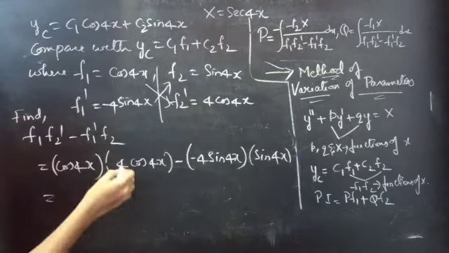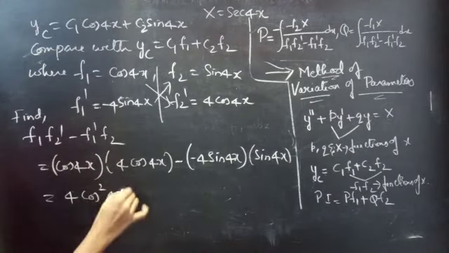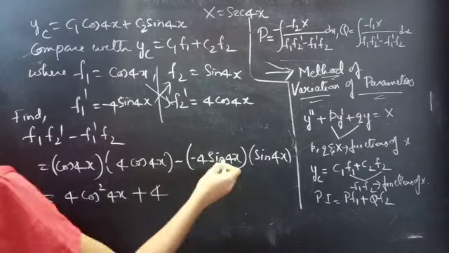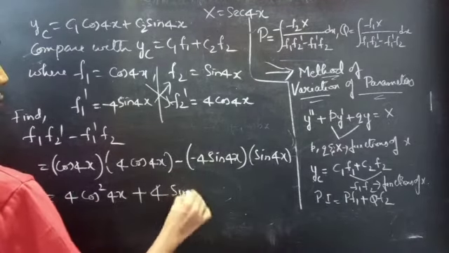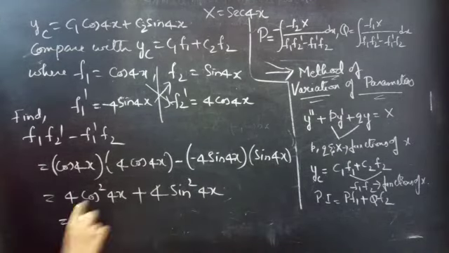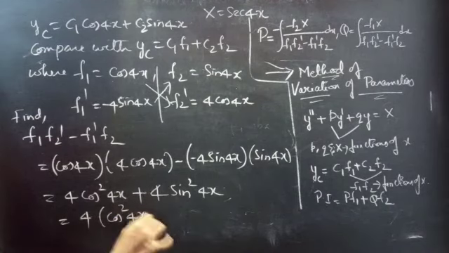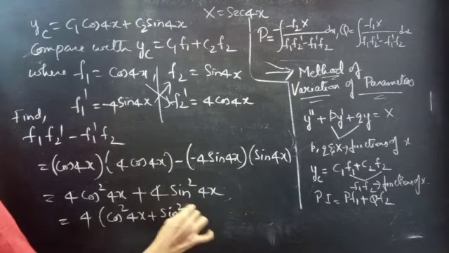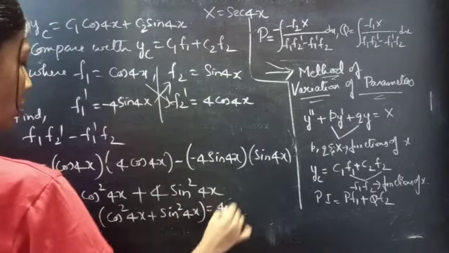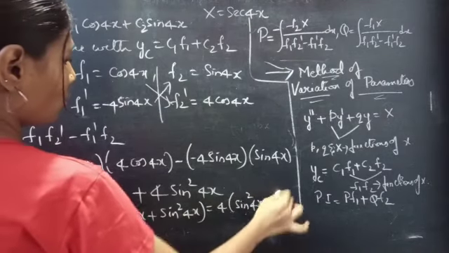This equals 4 cos 4x into cos 4x, that is cos square 4x, plus 4 sin 4x into sin 4x, that is sin square 4x. If you notice, we have 4 in both the terms. So let's take 4 common and you'll get 4 times cos square 4x plus sin square 4x. Otherwise, you can write this as 4 times sin square 4x plus cos square 4x.